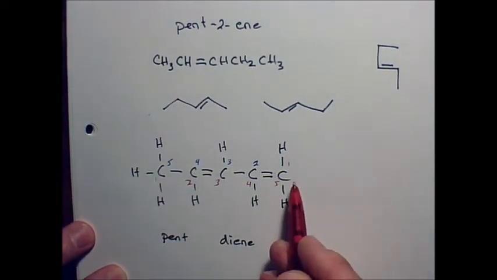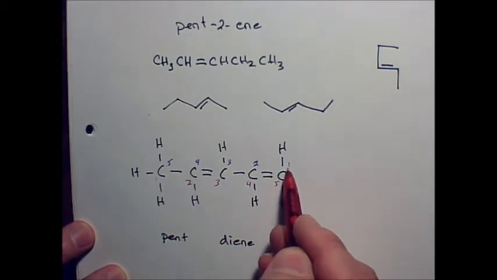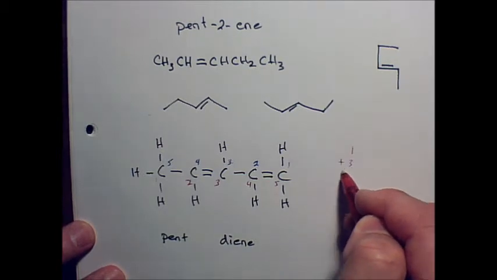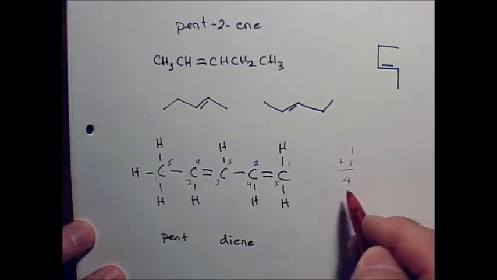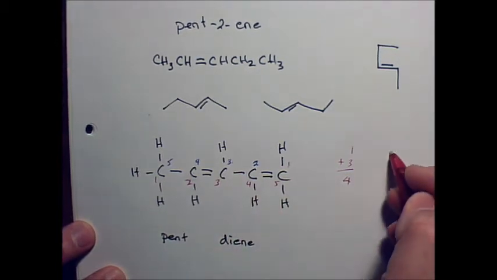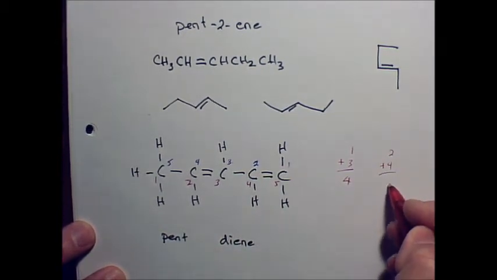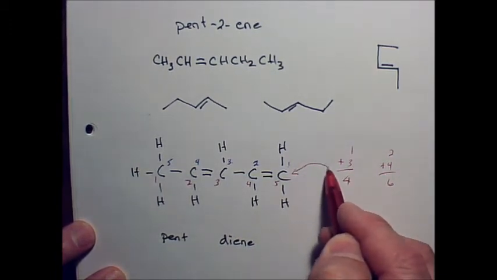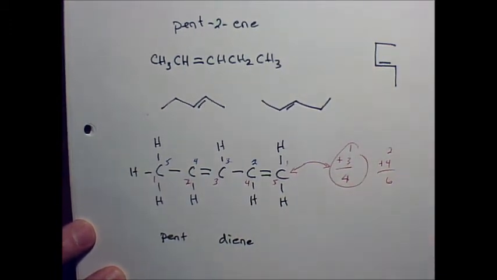So if I number from the left, the double bonds are on 1 and 3. And 1 plus 3 gives us 4. If I number from the right, it's on 2 and 4. And 2 plus 4 gives me 6. So it makes sense to number it from this end, because that gives me the lowest numbers overall. Okay? So pent-1,3-diene.